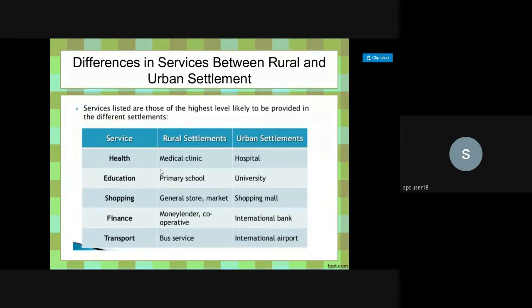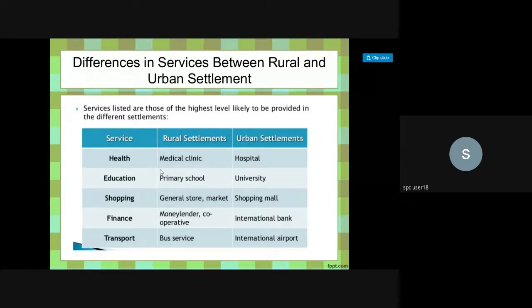In urban areas, of course, you'll have banks, nationalized and private, and for a place like Mumbai, you would have international banks like DBS and Deutsche Bank, and I could give you a few more names. Anyway, since we're speaking about Mumbai, Mumbai will have an international airport.